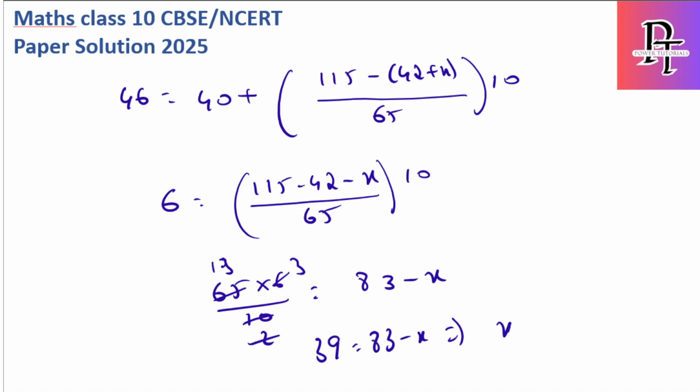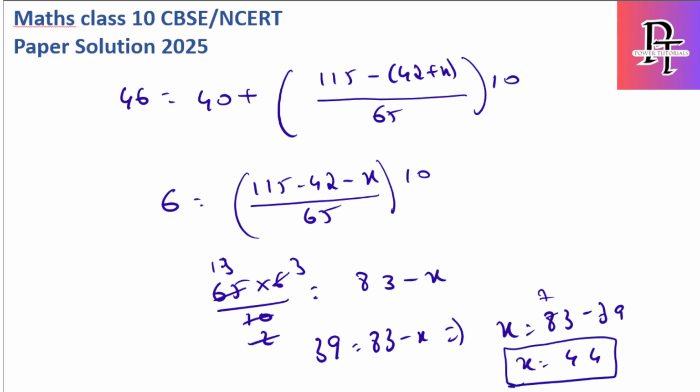So I can say the x value is 83 minus 39, which is 44. So the x value is 44, correct.